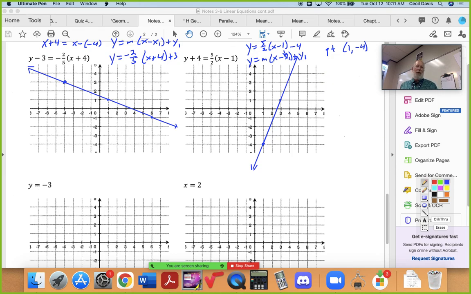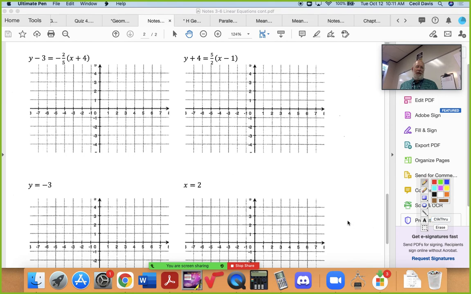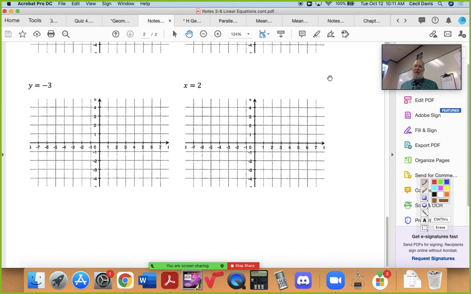All right, 2 more. And if you'll let them be, these are some of the easiest ones you'll ever do. If you have y equals negative 3, that means at every point on the graph, the y-coordinate is going to be negative 3. So that includes the y-intercept. It's going to be negative 3.